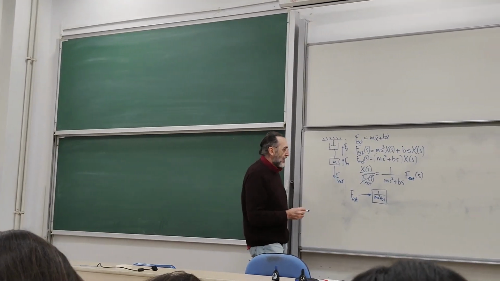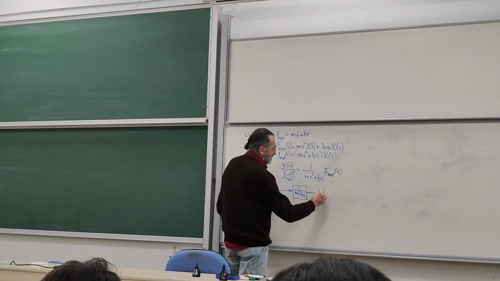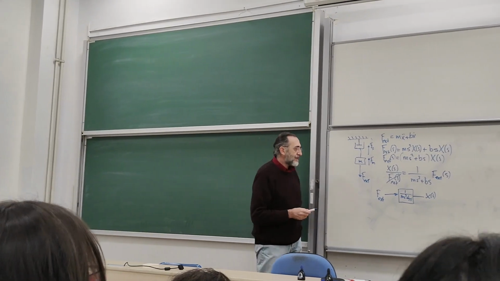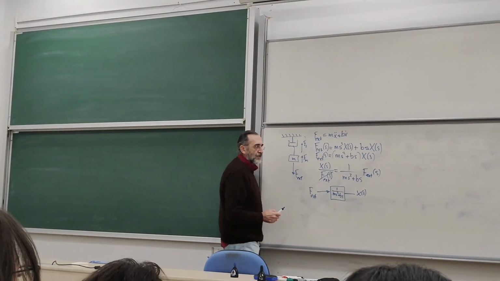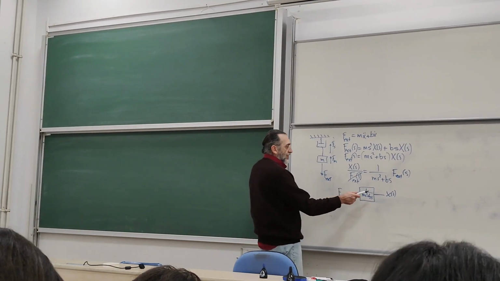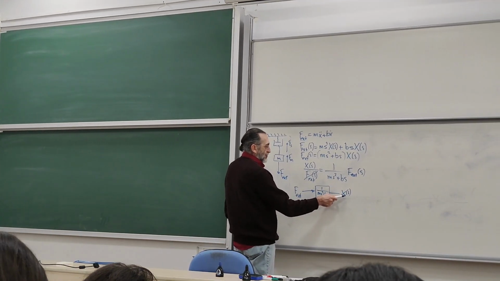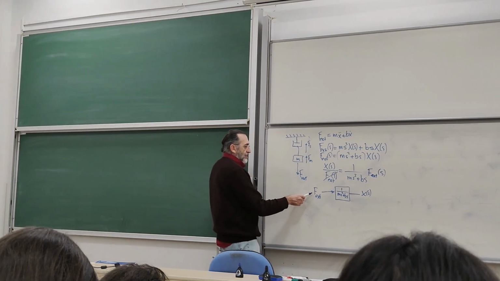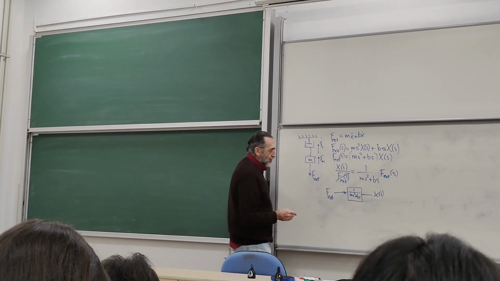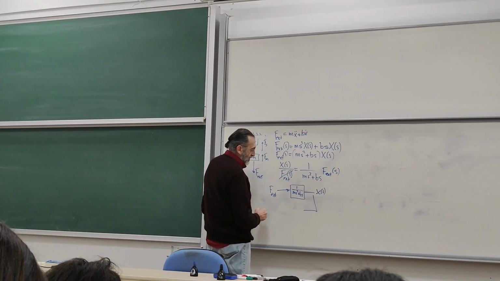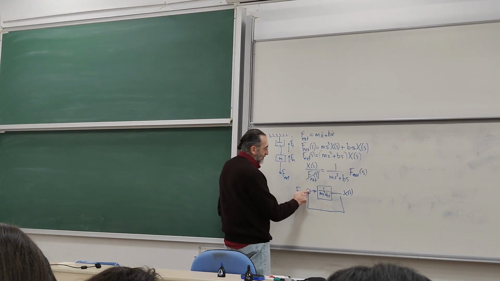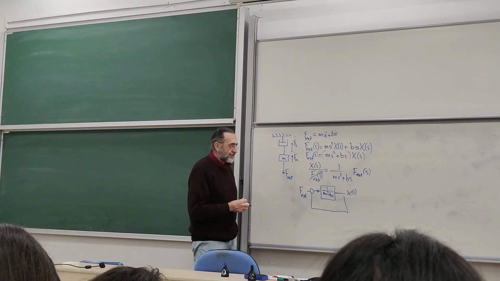Alright? And what I'm getting is X of s. But as you can see, this is an open loop. Alright? There is no feedback. I have no control over what I want x to be when I give the system the force f. So I close the loop so that I can get information about the system.